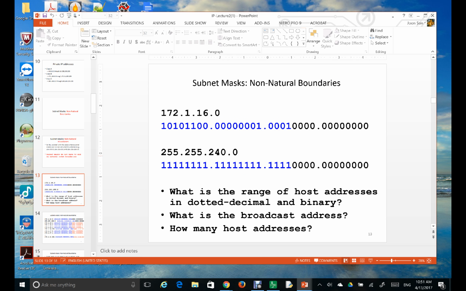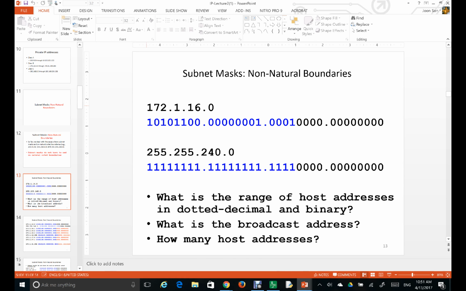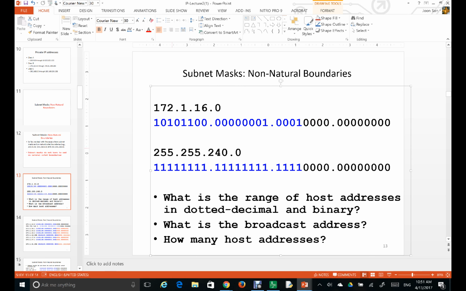So let's say this is an example, right? You have this IP address, and then this is the subnet mask. As you can see, 240, right? It's no longer 255. So you know that the first 2 octets are nicely all ones.